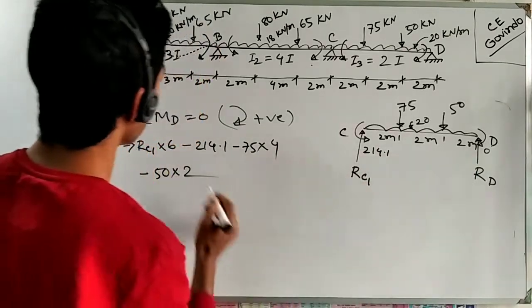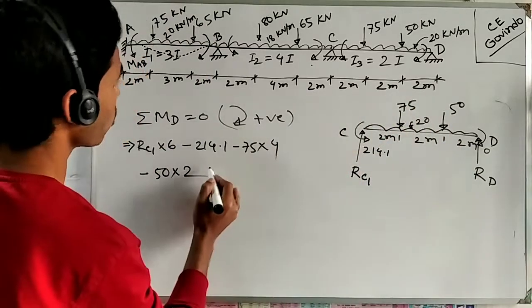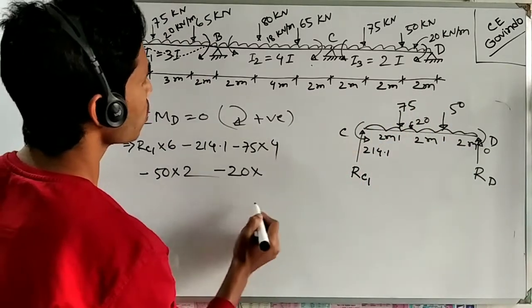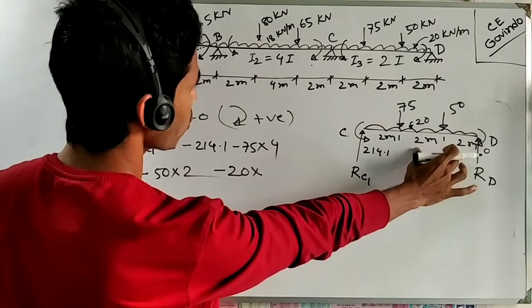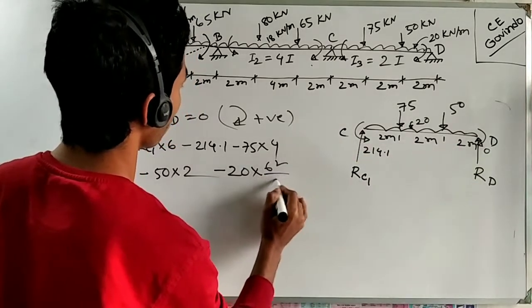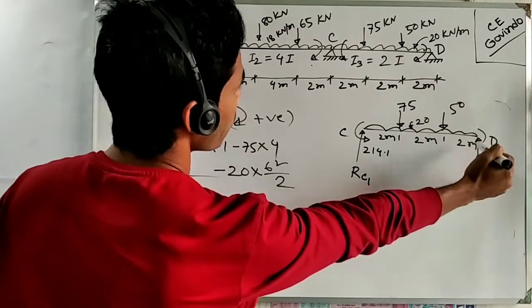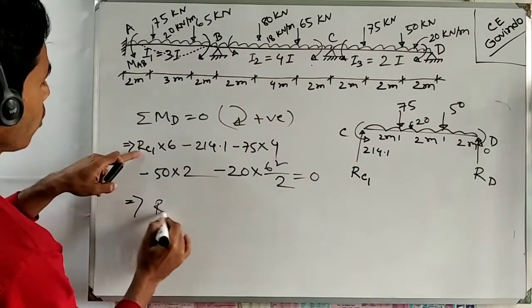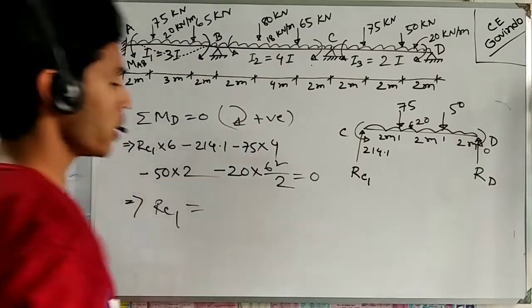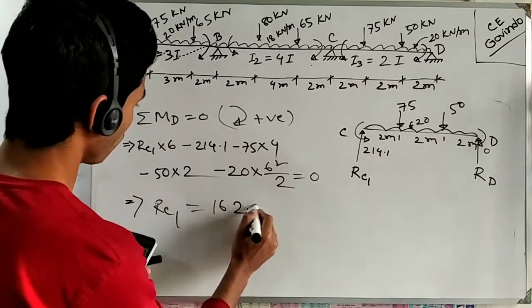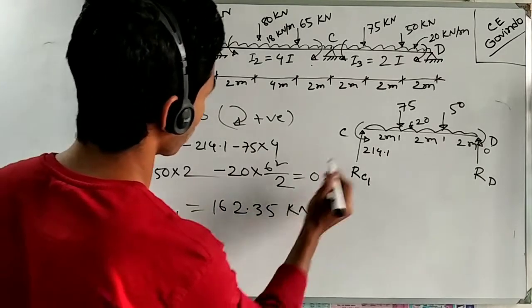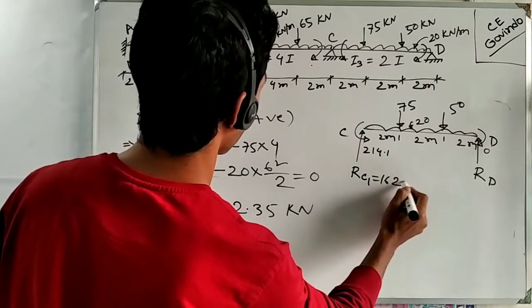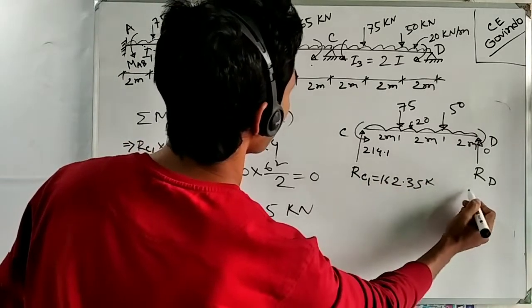This uniformly distributed load will also give an anticlockwise moment, which will be 20 into 6 square by 2, and there is no moment at this point, equal to 0. If we solve this equation for RC1, then you will get 162.35 kilonewton. This value is 162.35 kilonewton.